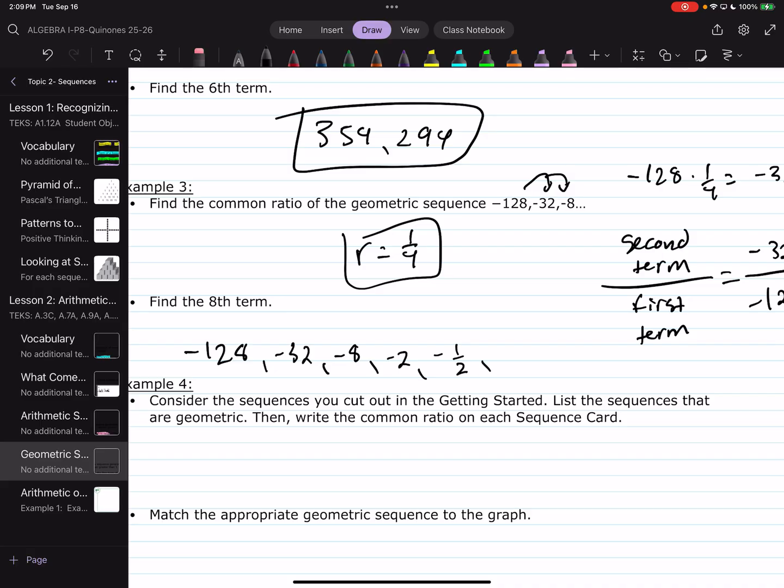Remember, everybody, keep fractions. I know you might not like them, but they are way more useful to us in this subject area rather than decimals. Next one is negative 1/8. Next one is negative 1/32. And the last one is 1, 2, 3, 4, 5, 6, 7. Yep, negative 1/128.